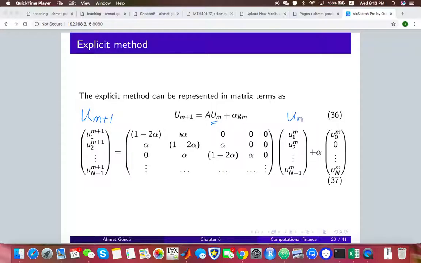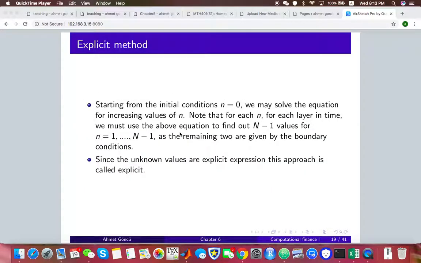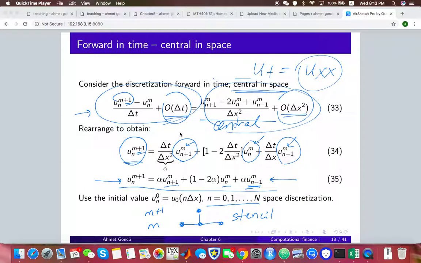are denoted as u m. And the important thing we need to understand is how many equations we should write in the system. Notice that we are starting here with n equals 1, and if n equals 1, we have u of 0. But u of 0 values always come from the left boundary.